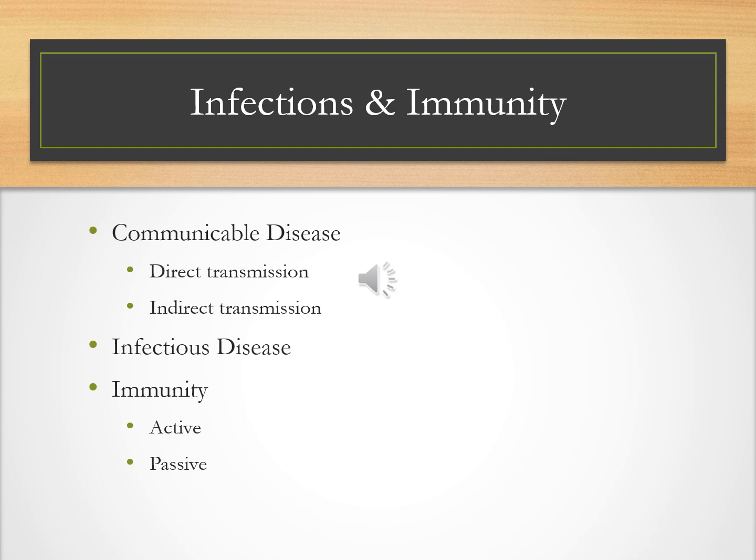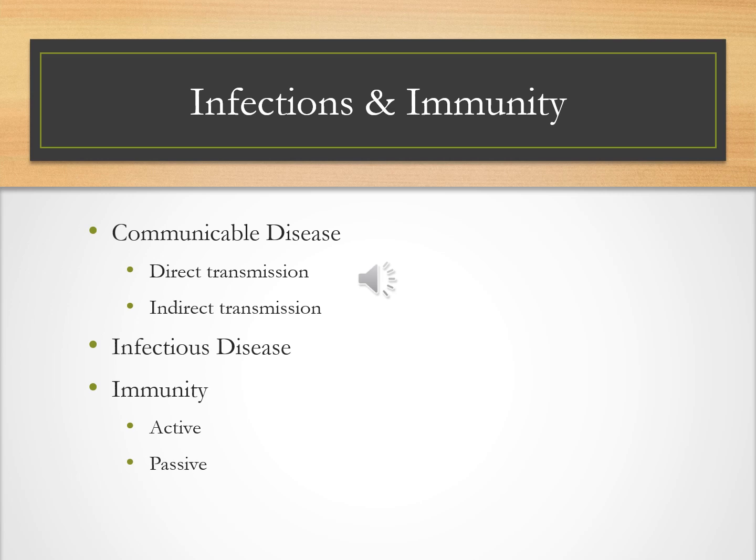When looking at infections and immunity, this affects nurses greatly. Communicable disease is acquired from a person or an animal through contact with body fluids. So things like kissing, sneezing, blood, or coughing. And if you think about infection control, kids aren't too great at that. So you have direct transmission, and that is directly from the person or the animal.